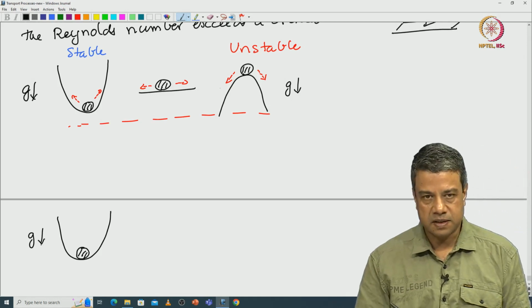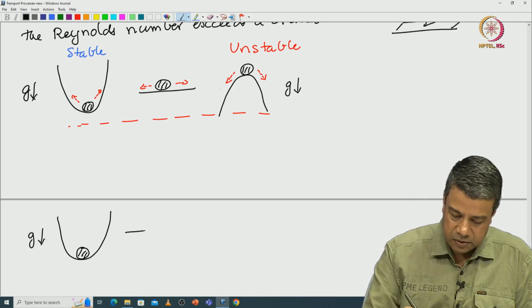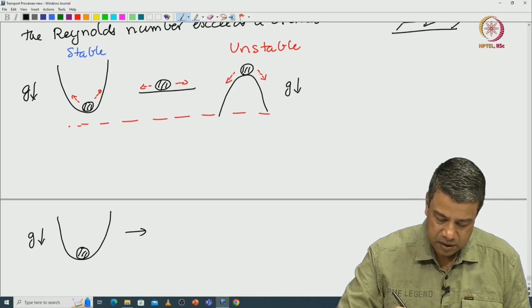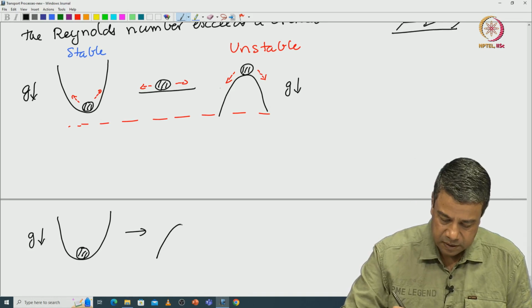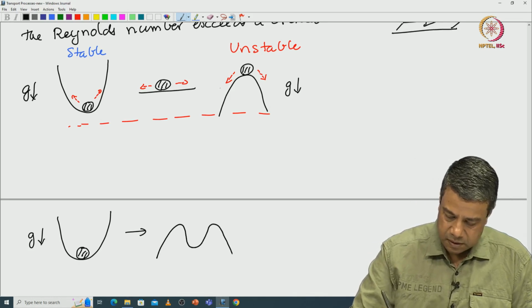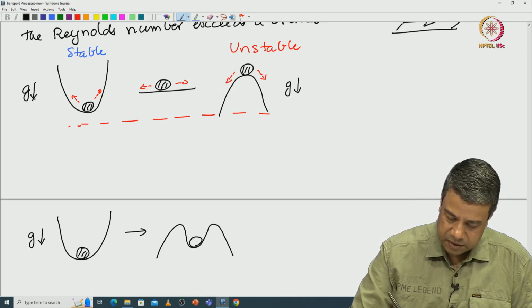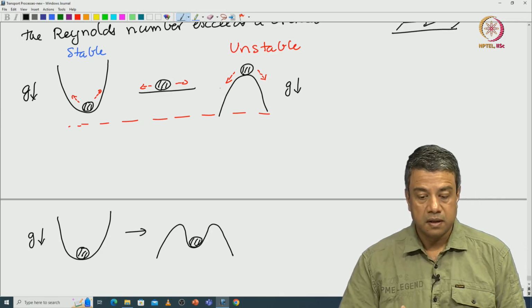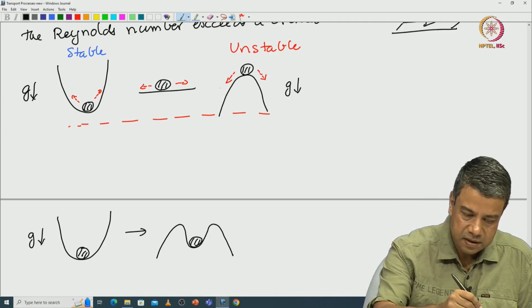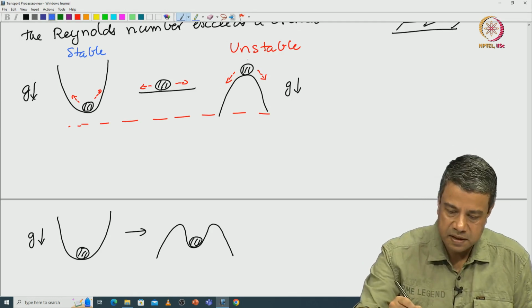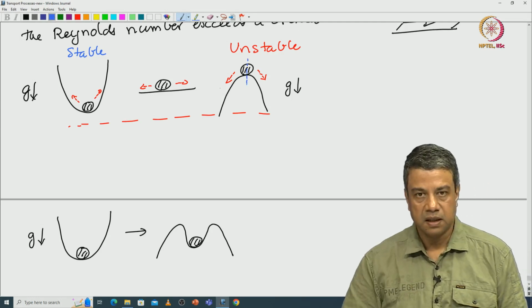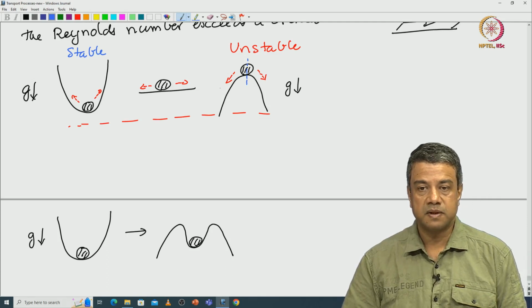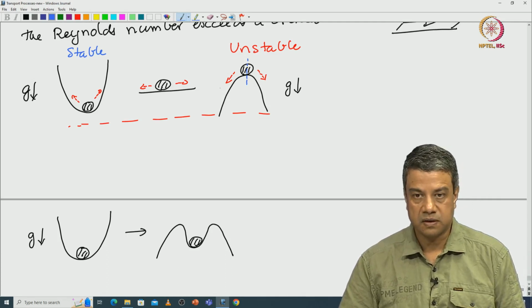This is the stable state, and then it goes to a state where it looks something like this. Note that in this case, in this unstable state that I had, any infinitesimal displacement to the right or the left will cause a spontaneous transition.